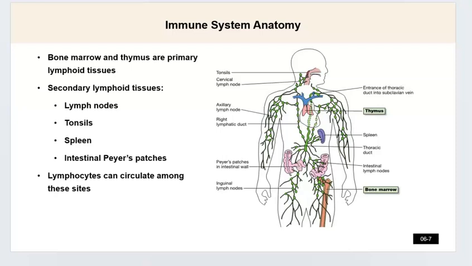The lymphatic network provides the T and B cells with the ability to circulate through the tissues, our lymph system, and our blood system, allowing them to constantly patrol and survey the body for signs of infection.